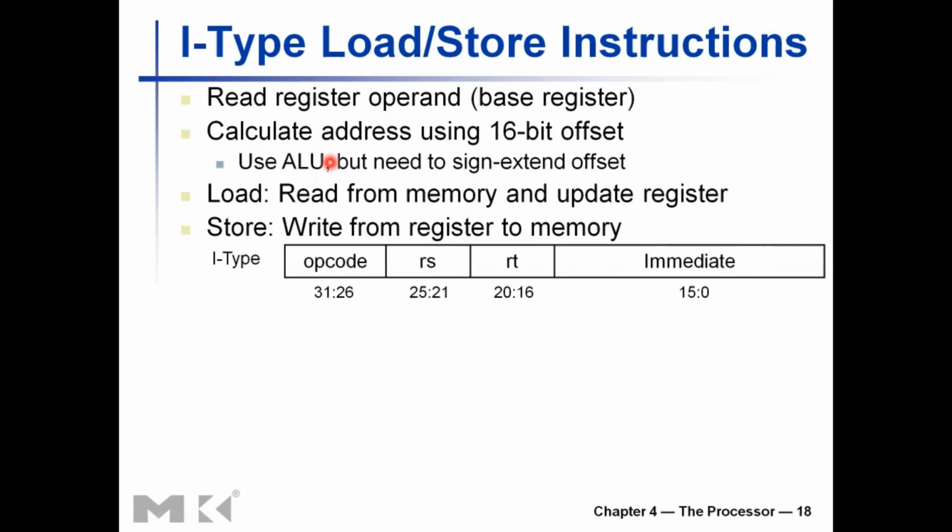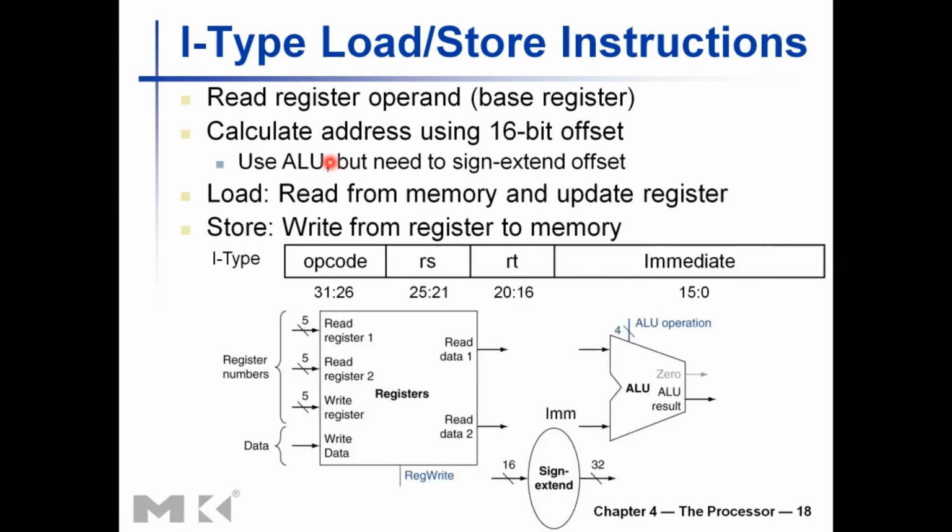And again, you need to do a sign extension like in the previous case. So again, you are providing addresses into the register file. RS is the base address, so the base address is given here.